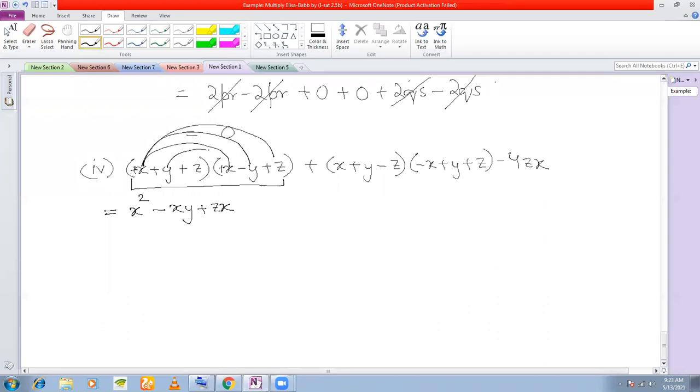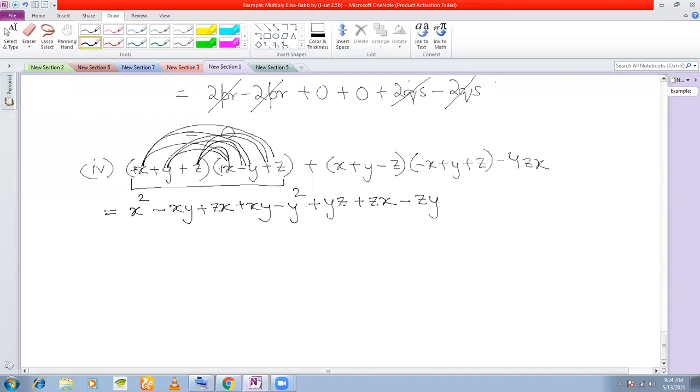Next, plus Y will combine with plus X to give you a plus XY. Plus Y will combine with minus Y to give you a minus Y square. Plus Y will combine with plus Z to give you a plus YZ. And finally, you have this Z. This Z will combine with plus X to give you a plus ZX. Plus Z minus Y will combine to give you a minus ZY.